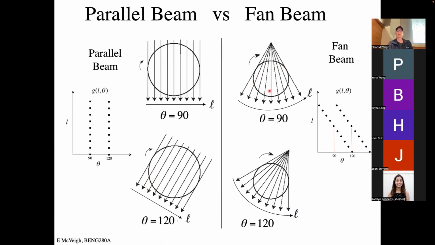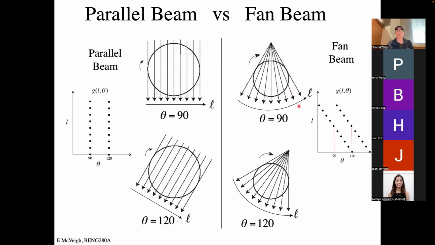Well, how does that work with a fan beam? Because this is the actual geometry we use. We have a point where the X-rays come out, and then they come out at different angles. When I detect one thing, I now have a detected amount that I want to put into G(L, theta) for each detector along here. Where do I put it in the G(L, theta) space? Because I've got a lot of thetas along here.